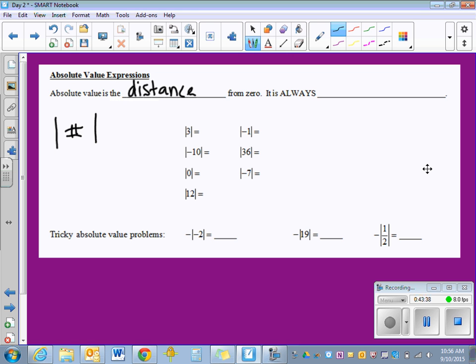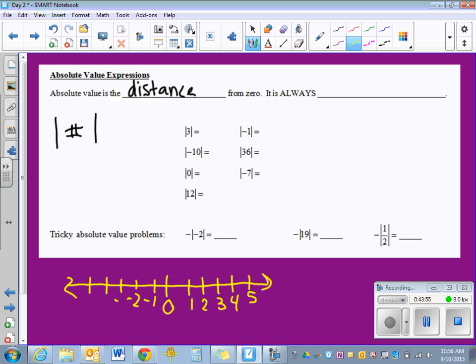So if you think of a number line, we're talking about the distance, and distance is always positive. So our absolute value is always going to be a positive value.